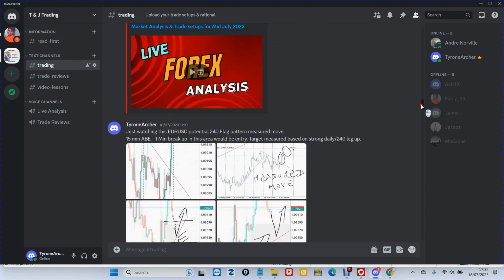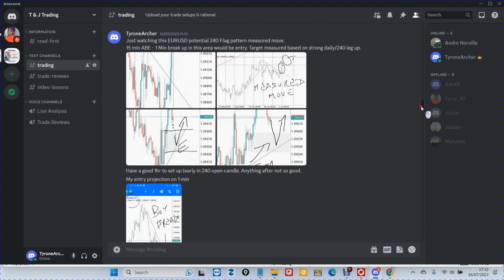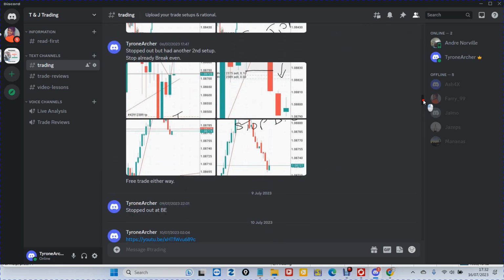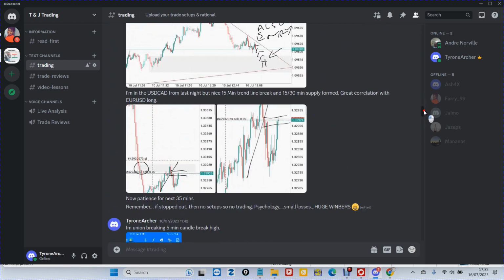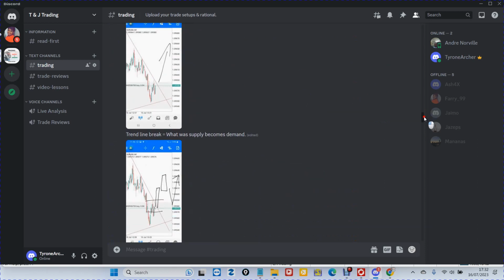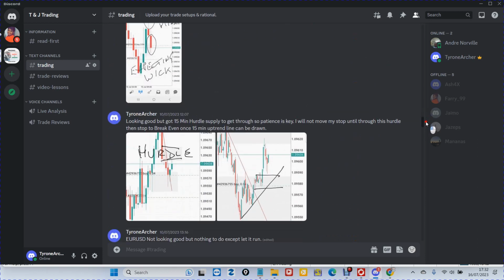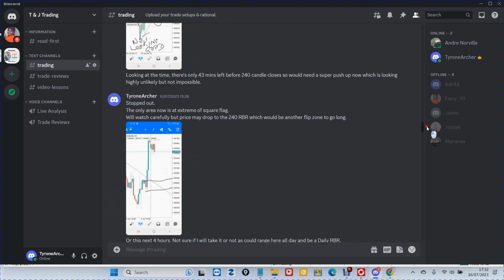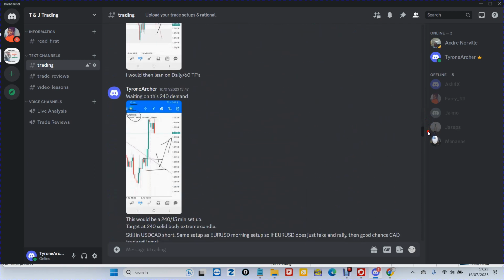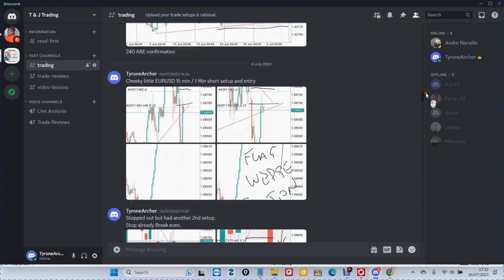This is the Euro Yen. Just watching Euro Yen 240 flag pattern measured move. Okay, on that. So we're looking at the break. No, that was the Euro Dollar. Sorry, that's the wrong one. Where is that?